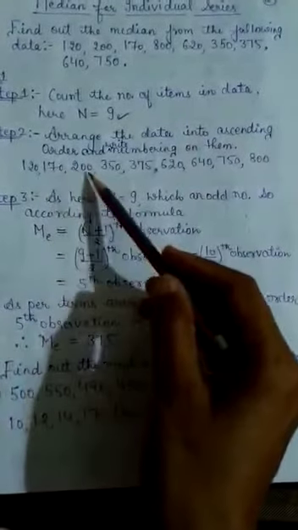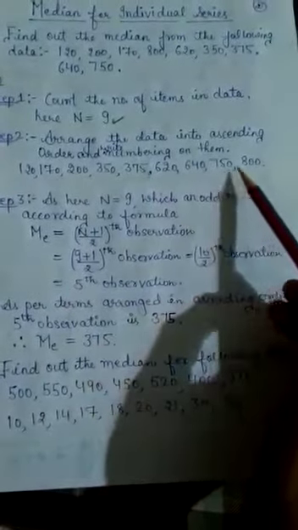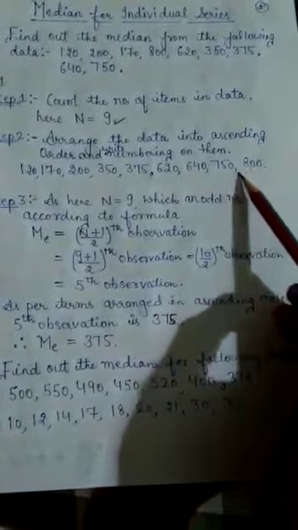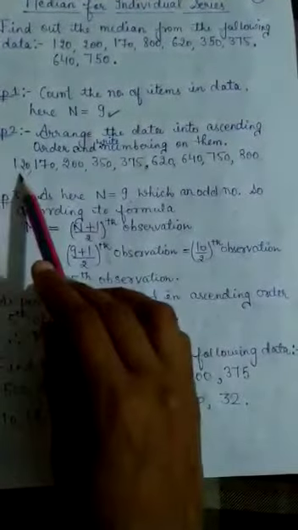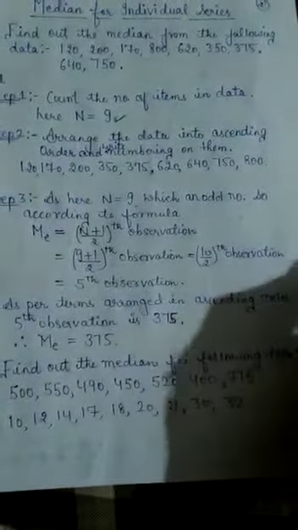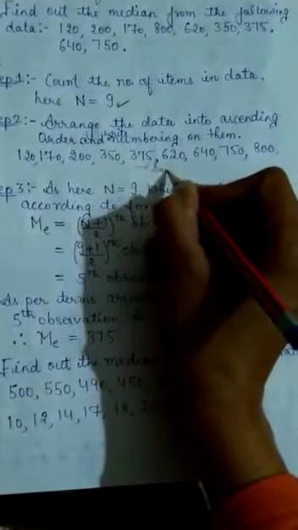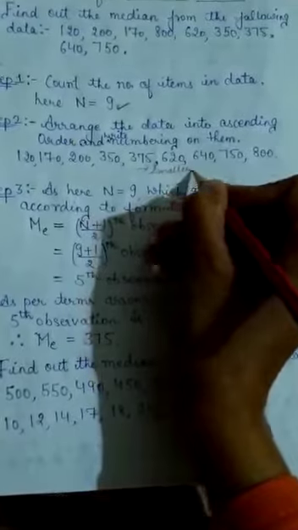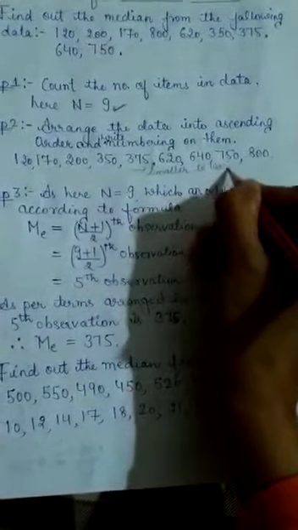In ascending order we write the smaller value first, then keep on increasing. So this is the ascending order for this question: 120, 170, 200, 350, 375, 620, 640, 750, 800. The largest value is written last, and the series goes from smaller to larger.